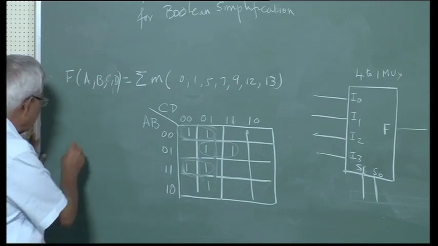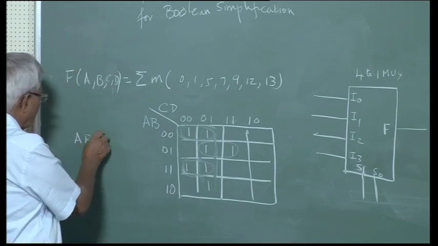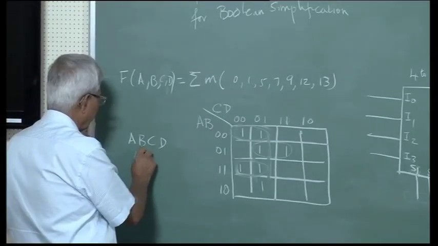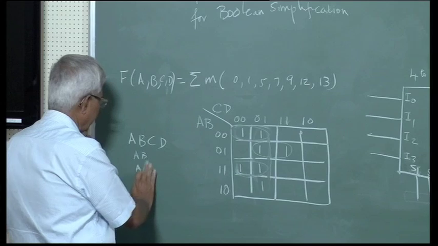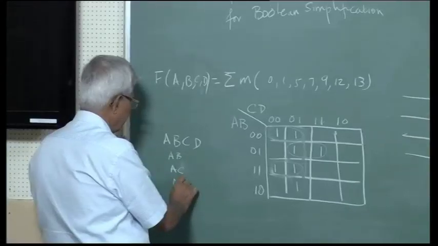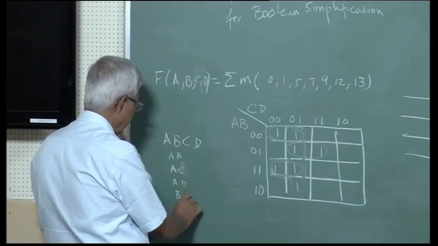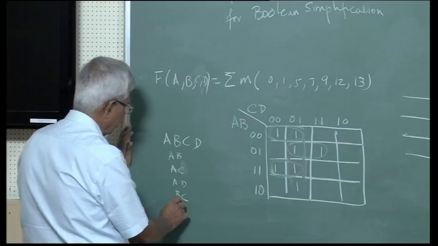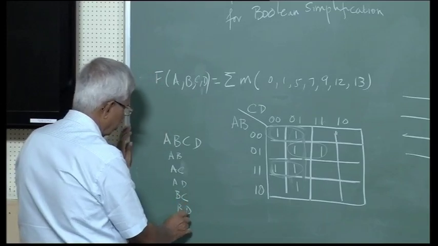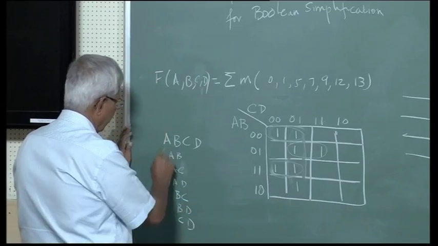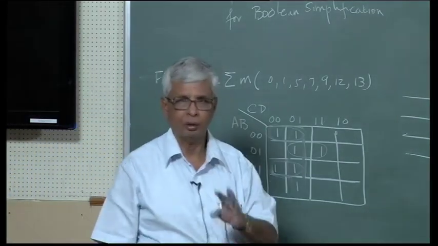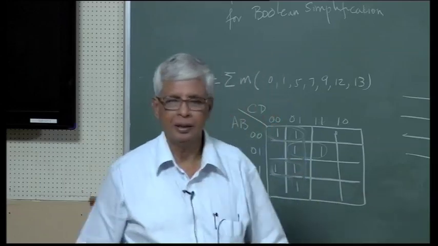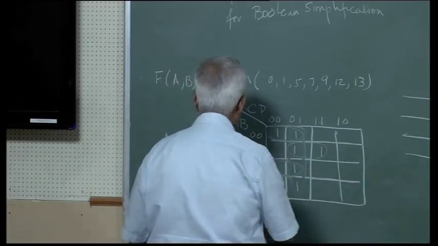I can use AB, AC, AD, BC, BD, CD. Any combination of 6 I can use. To make life simple, I will use AB as the selector variables.